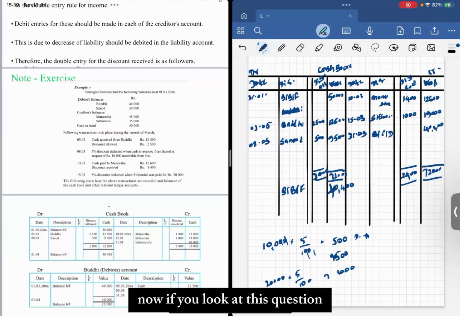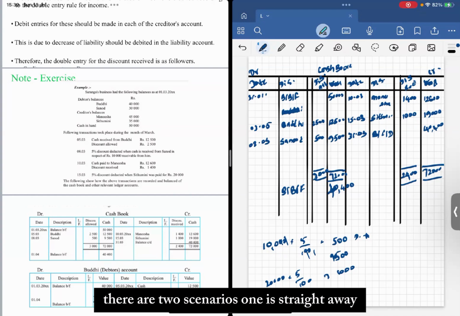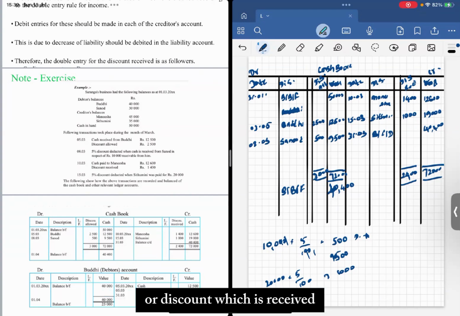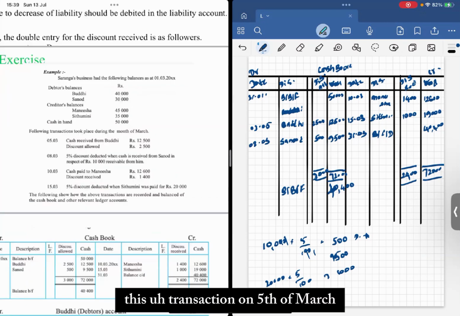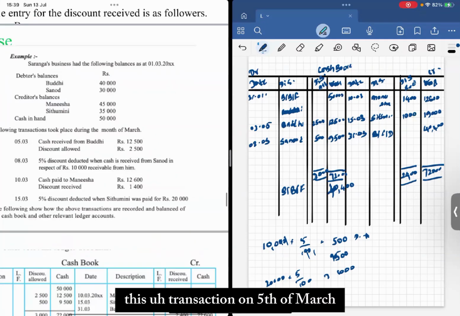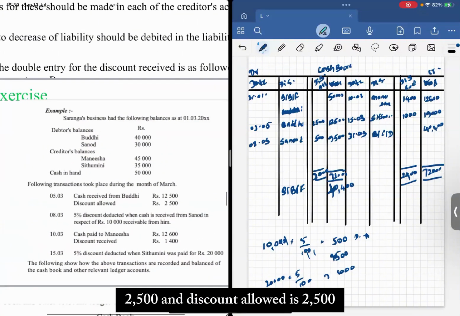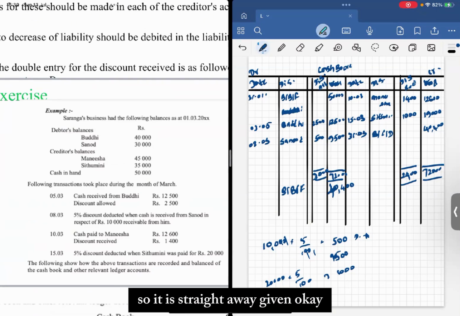Now, if you look at this question, there are two scenarios. One is straight away they are giving you the discount that is being given or discount which is received. If you look at this transaction on 5th of March, cash received from Buddhist 2,500 and discount allowed is 2,500. So it is straight away given. Okay.